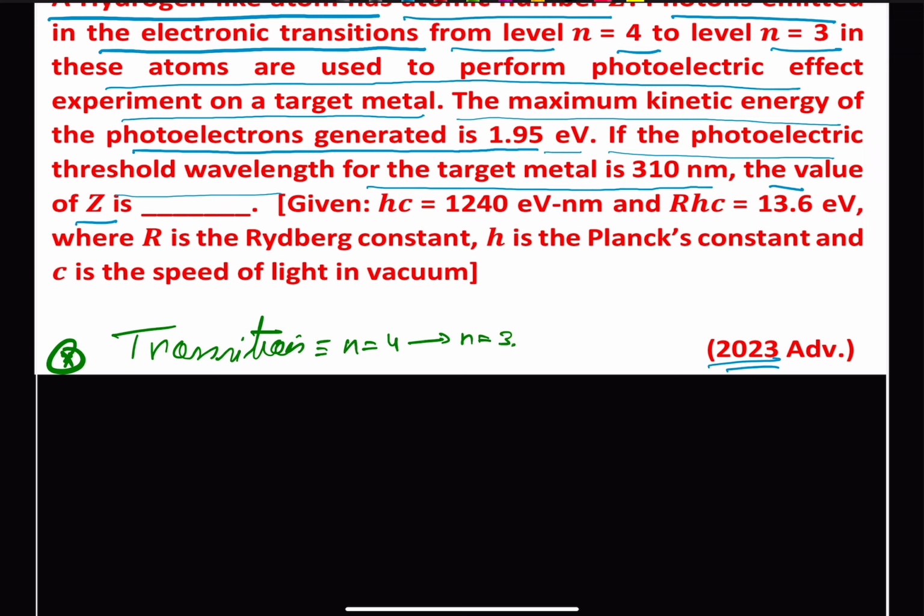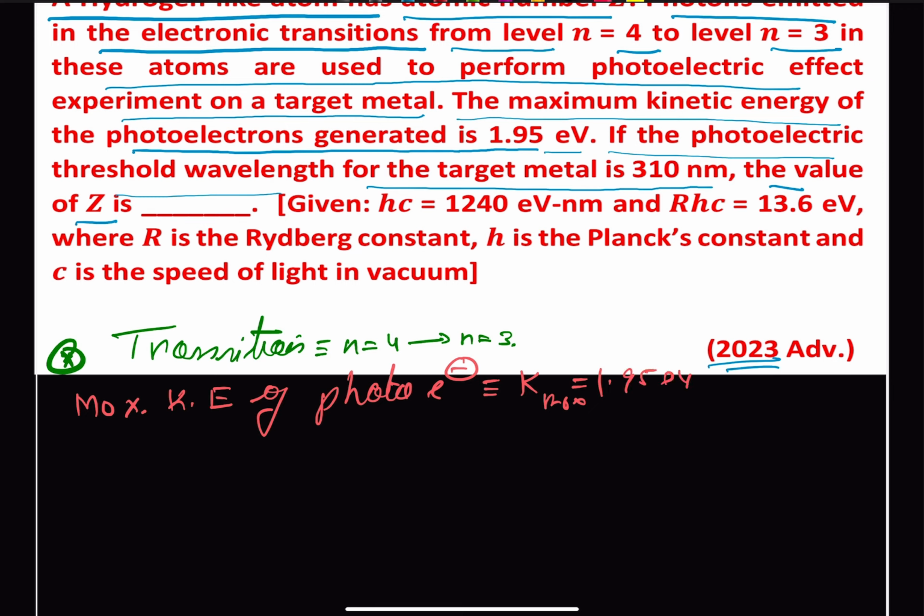We are also given the maximum kinetic energy of the photoelectron, let us suppose we call this K max, and this K max is given as 1.95 electron volt.